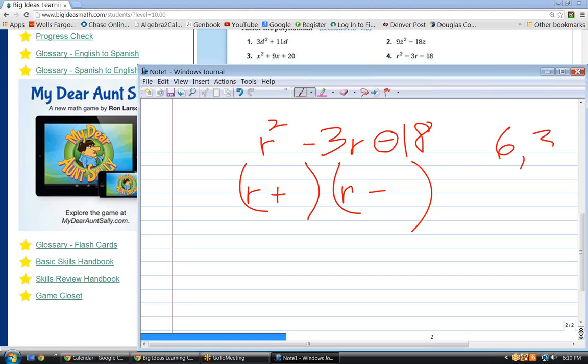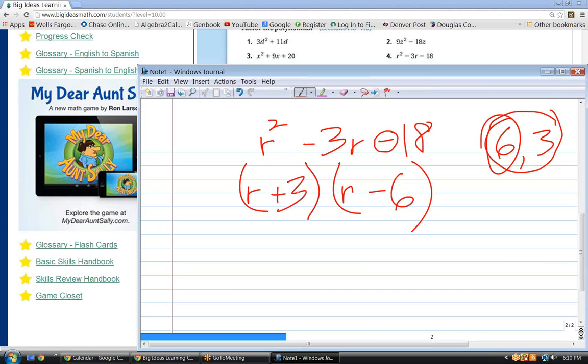About 6 and 3. Yeah, I think that works. Yeah, they multiply to 18, and they subtract to the number 3. Now, which one goes where? I think the 3 goes first. Yeah, the larger factor, the 6, goes with the sign that is in the middle term, which is negative.